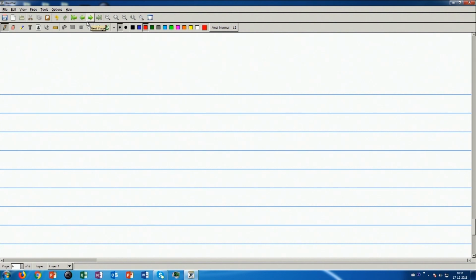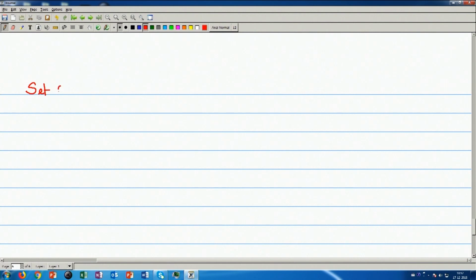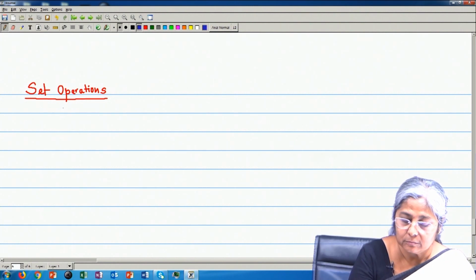Now, we see some set operations. We have already read the different types of set operations, that they can be binary operations or unary operations, and there can be some special operations. We have already read set union.